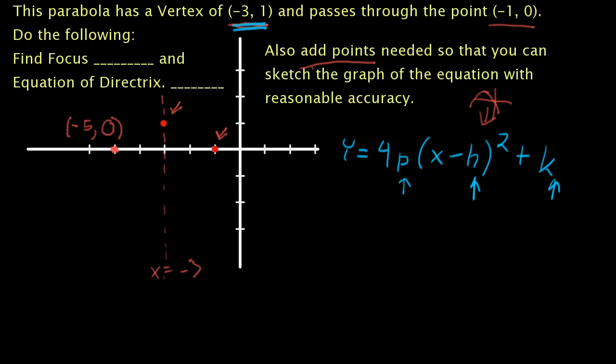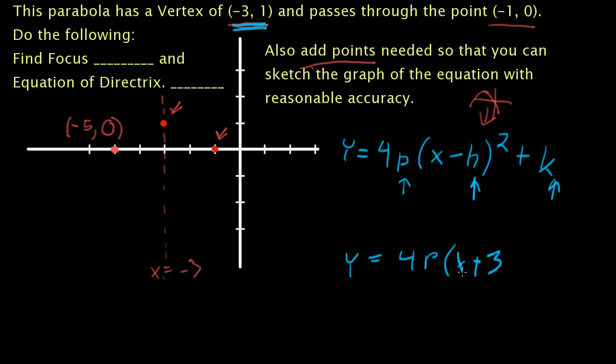So, I know that my (h, k) is (-3, 1). So if I say y equals 4p, well, it's going to be x minus a -3. Okay, well, that is the same as saying plus 3.